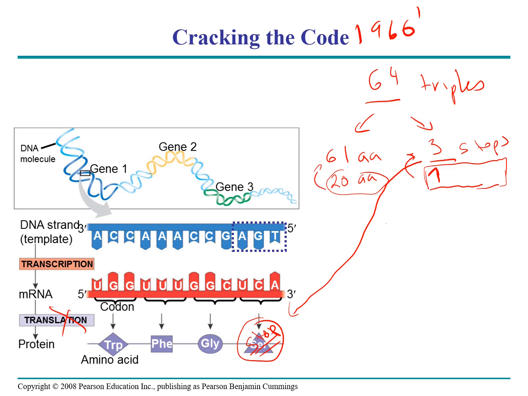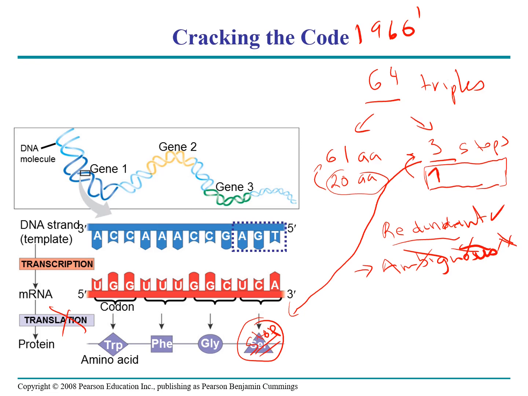So they found that the code has 2 properties. That the code was redundant, and I will talk in a second about that. However, the code was never ambiguous. So yes, for redundant extra copies, but you always are going to get the same amino acid, and I will talk about that in the next slide with an example.